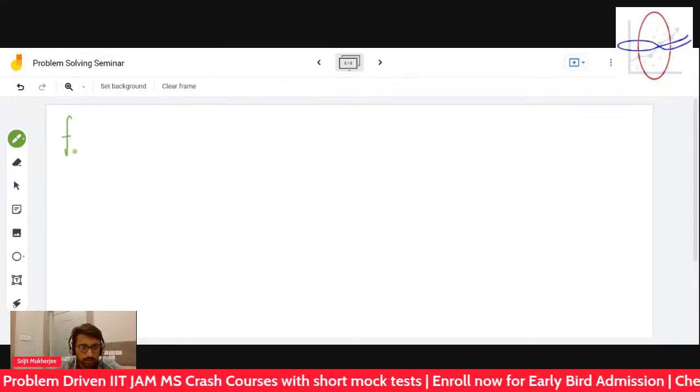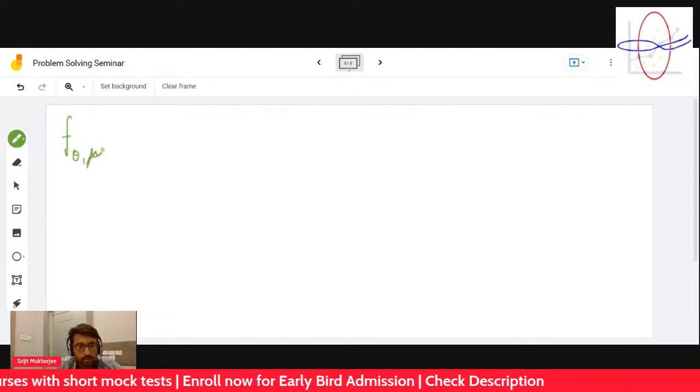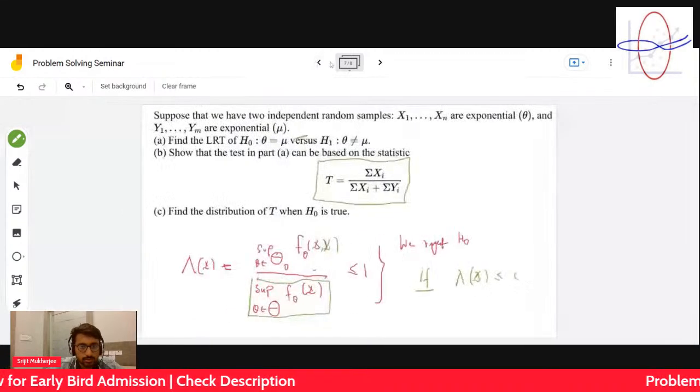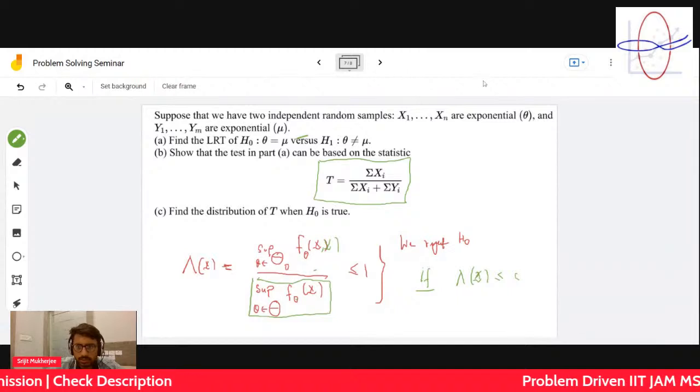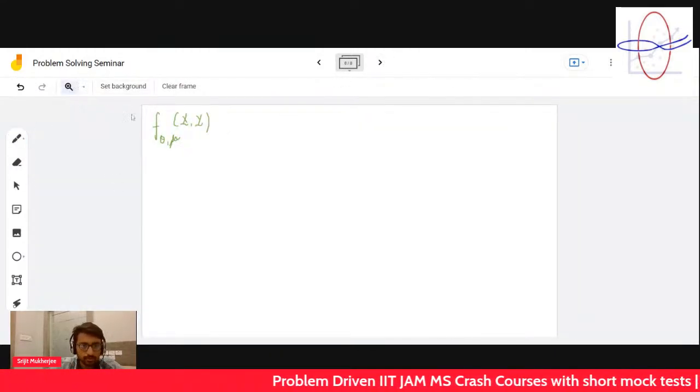Let's calculate just theta and mu. It's nothing but exponential theta and exponential mu, assuming they are rate parameters.